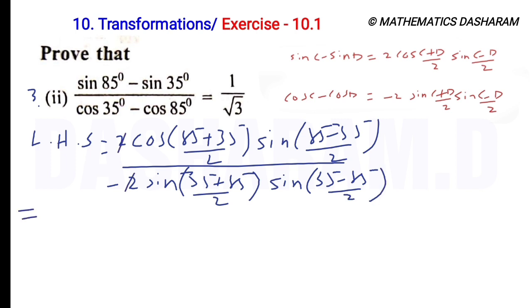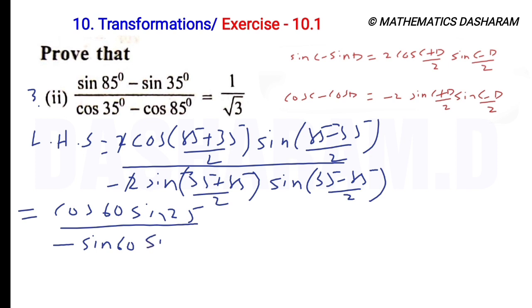Now here 2 cancel. Next, cos of 85 plus 35, 120 by 2, is 60, into sine of 85 minus 35, 50 by 2, 25 degrees. Here minus sine 60 degrees into sine of 35 minus 85, which is minus 25 degrees.